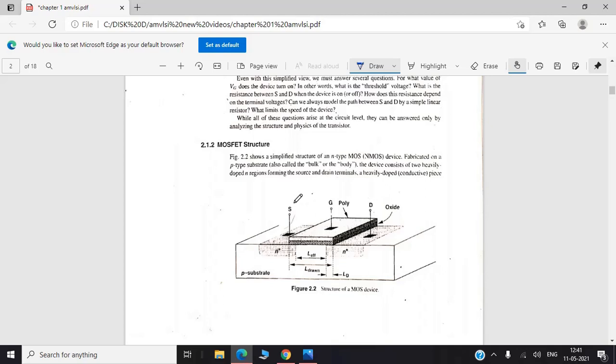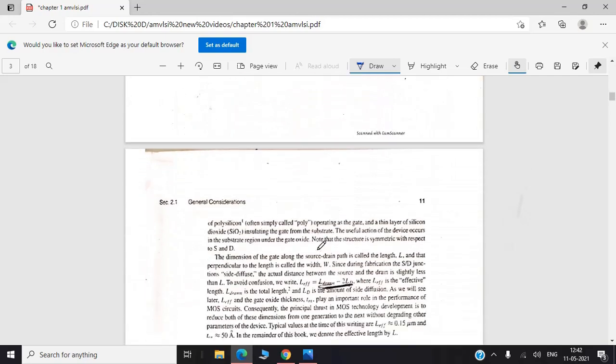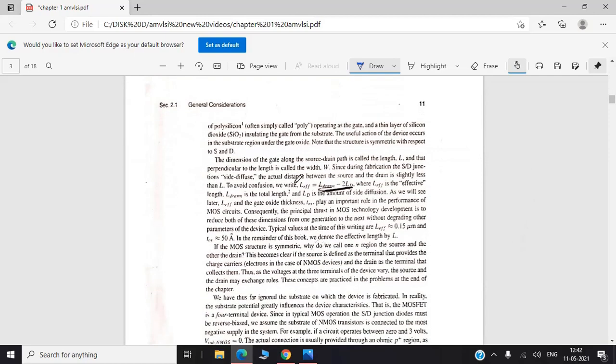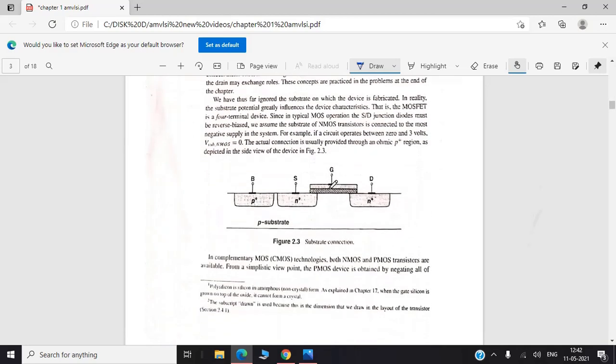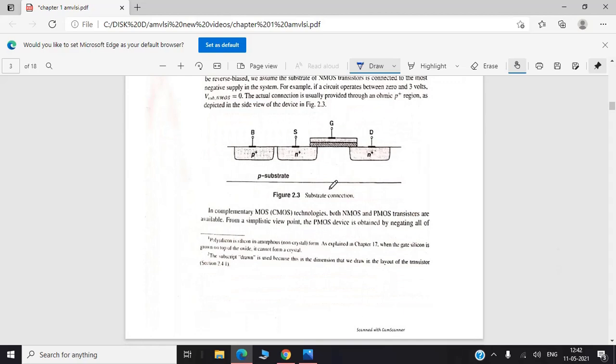Next, as you can see, L effective and L drawn. So L effective is the length of the effective channel. So the channel length has to increase for the case to conduct between the source and the drain. Okay, so this is a basic structure of a MOS. Here you can see L effective is equal to L drawn minus 2LD. Okay, this is for the substrate connection.